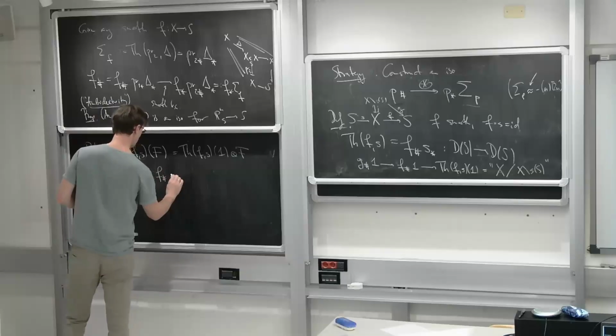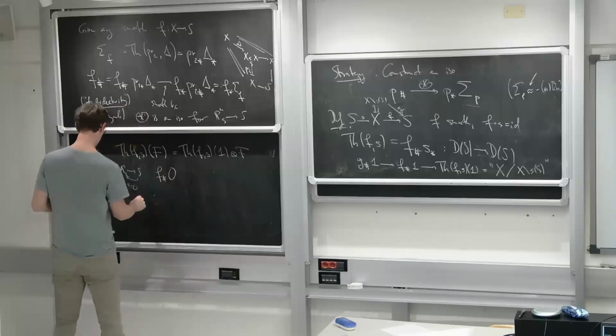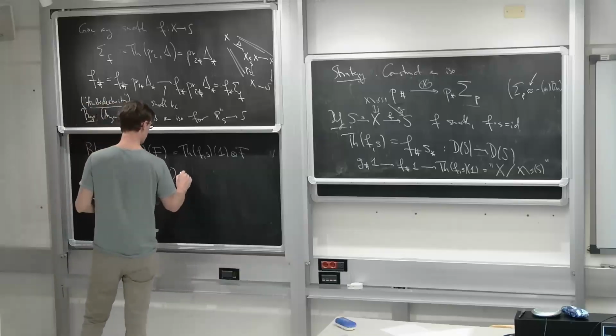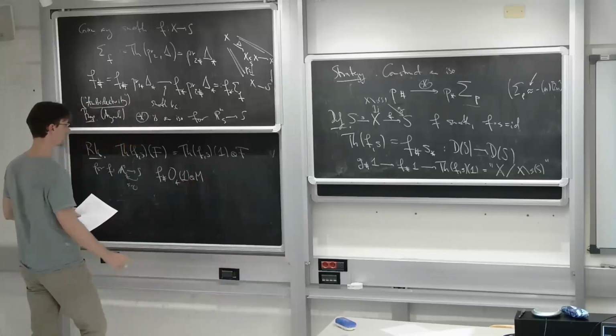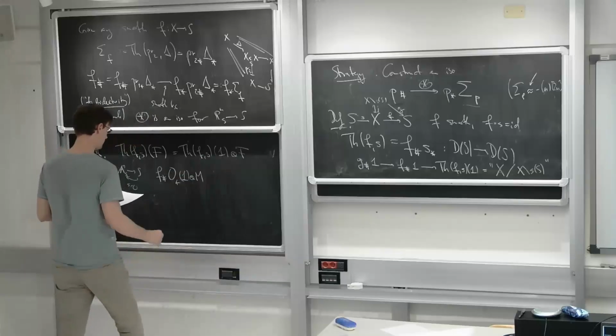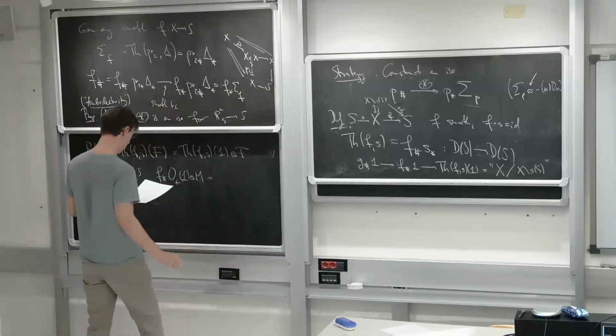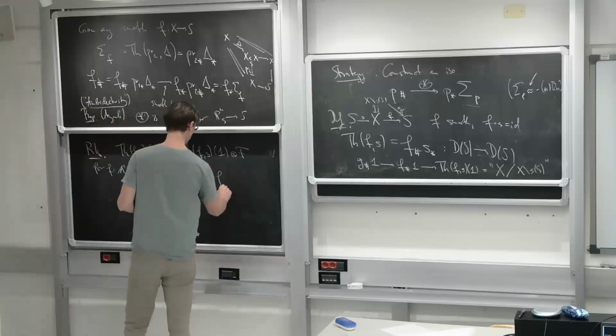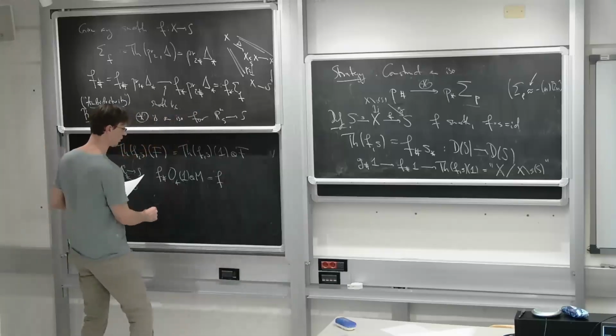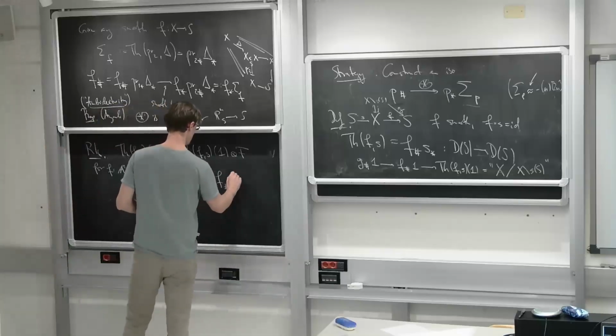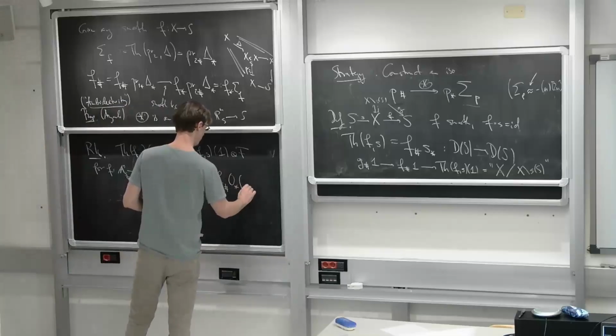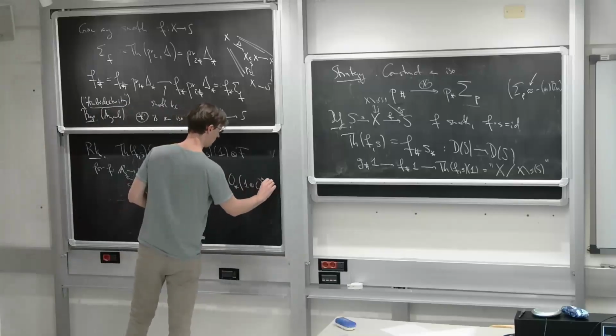Maybe I write zero for this section here, zero lower star 1, tensor M. That's what I'm looking at here. And now I use the projection formula, in other words, linearity of this zero lower star here. So it's zero lower star of 1 tensor zero upper star M. Okay.